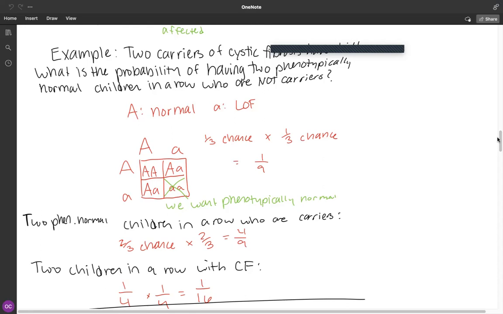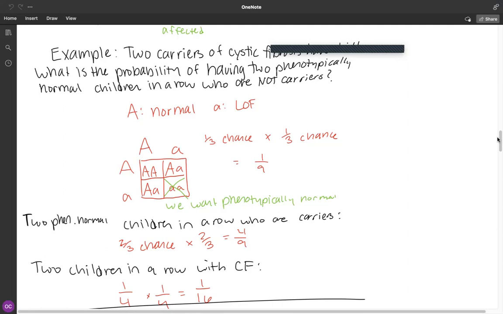So here again, capital A is normal, lowercase a is loss of function, and I drew a Punnett square. And because the question specified it wants phenotypically normal children, I got rid of the affected square. So in the Punnett square, if we didn't get rid of the affected square, we would have 3 out of 4 gametes being phenotypically normal.